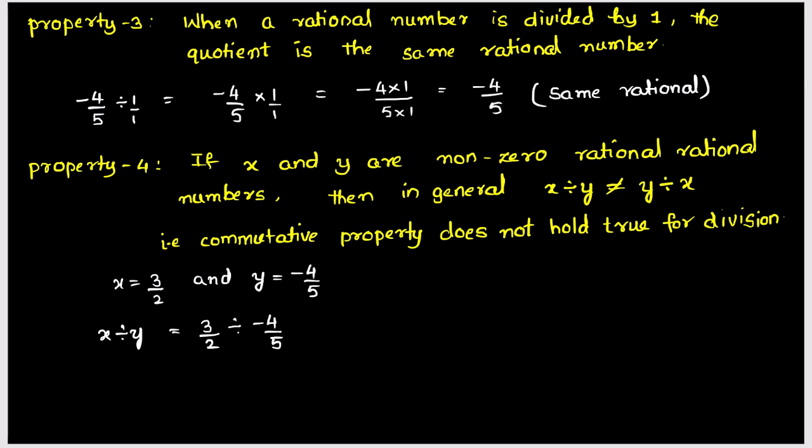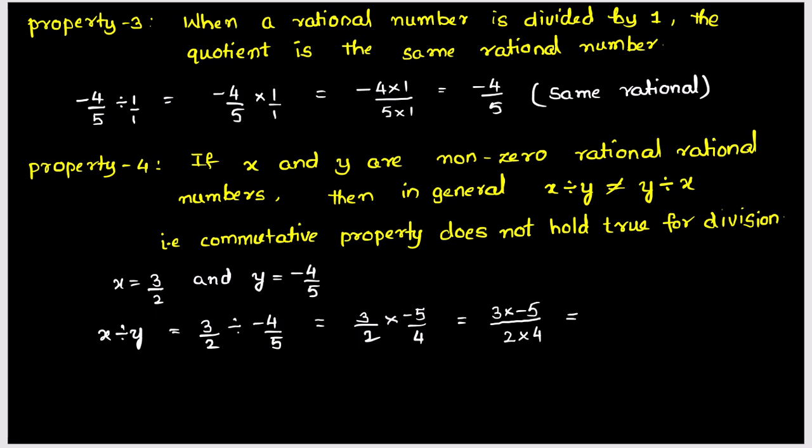That implies we can write as 3 by 2 multiplied by the reciprocal of minus 4 by 5, minus 5 by 4. That implies we can write the product of 3 and minus 5 as 3 into minus 5 divided by product of 2 and 4, 2 into 4.